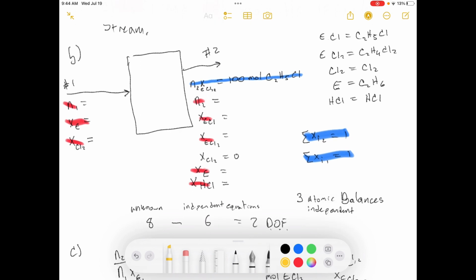So I mean, you can still do mass balances around them, but they're not going to be independent, right? That's the key. So you can do 3 independent atomic balances because there are 3 independent elements in these reactions, okay?